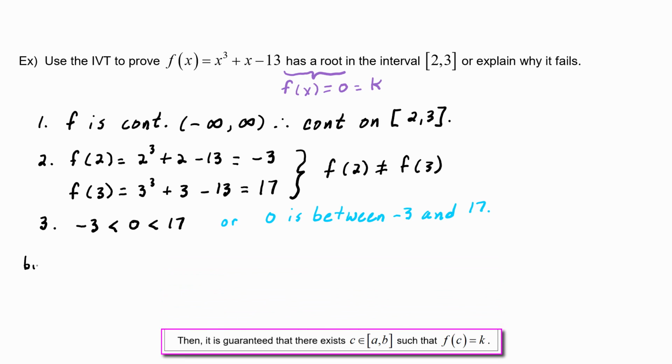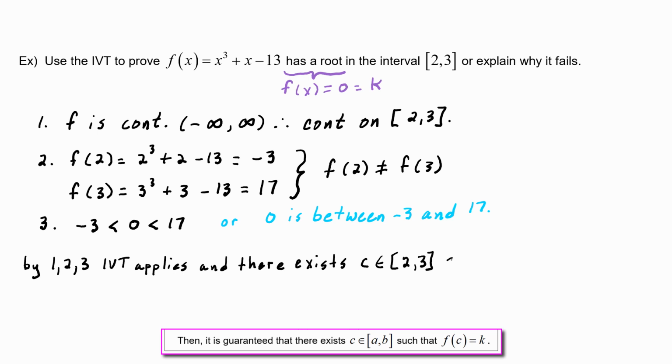So by 1, 2, and 3, IVT applies, and there exists an x value, which is c on the interval from 2 to 3, such that f of c will equal 0.